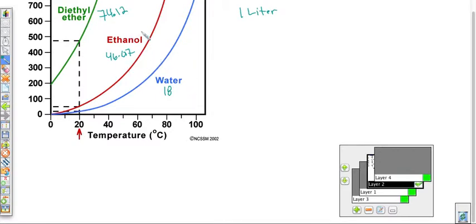And what if you were to be asked in this situation, which one has the greatest kinetic energy? So in this particular situation, if this is a closed container, kinetic energy is related to temperature. And so what we're saying is that all of these gases were in this, and they were all at the same temperature at the same time.